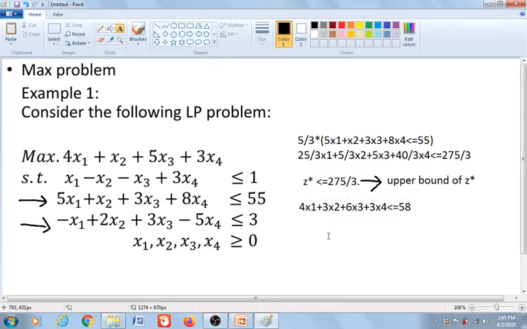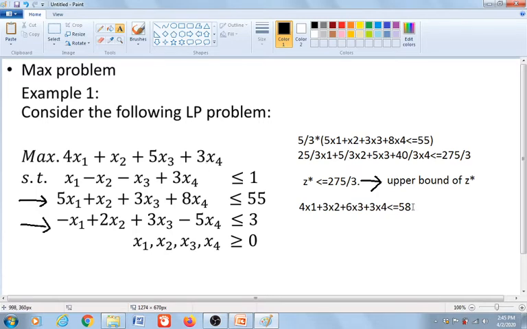And now let's compare the coefficients of x1, x2, x3, and x4 that we have here with the coefficients of x1, x2, x3, and x4 in the objective function. So 4 equals 4, 3 over here is bigger than 1, 6 over here is bigger than 5, and 3 equals 3.